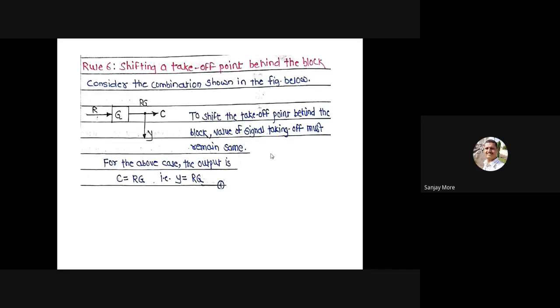Then the sixth rule is shifting a takeoff point behind the block. Okay. Behind the block, meaning this takeoff point is shifted here. So in this block diagram, the output is C equal to R into G, or that is Y is equal to RG.